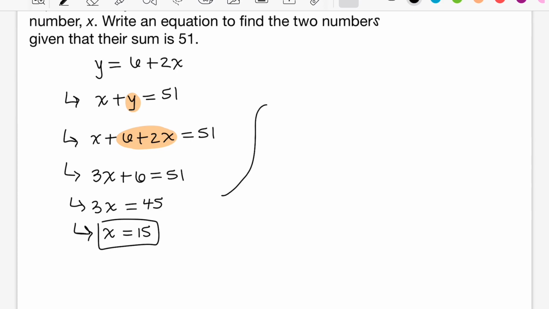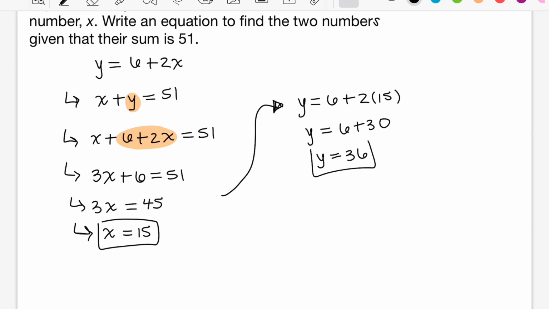Now plugging that into our equation for y, we get y is equal to 6 plus 2 times what we got for x, which was 15. Then we get 6 plus 30, so that'll be 36.